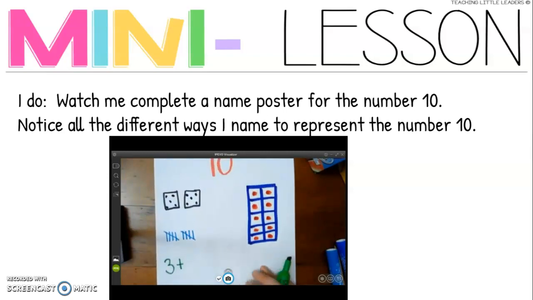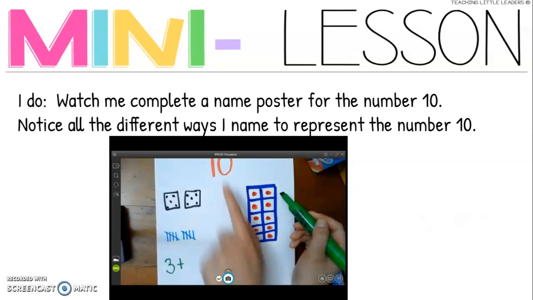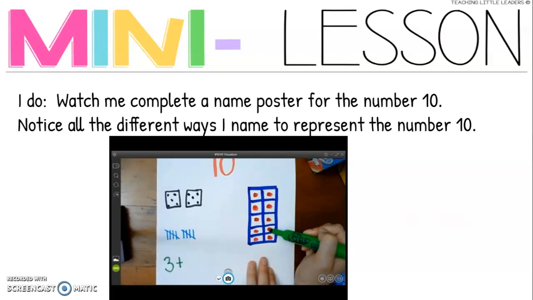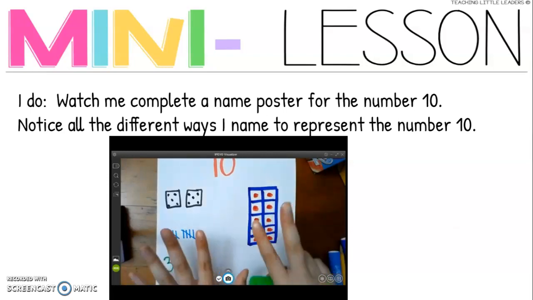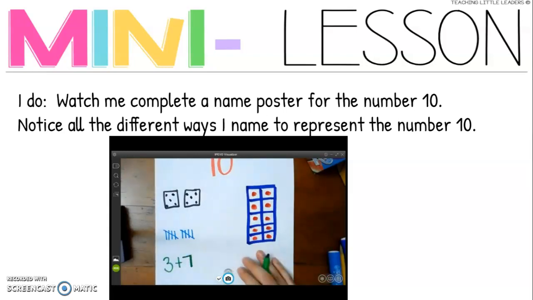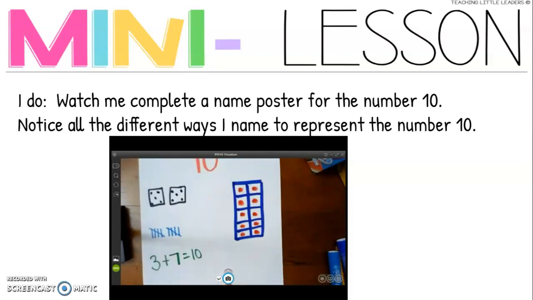I'm going to go ahead and use my 10 frame up here to show that. If I have 3, 1, 2, 3, I need to find out how many more I need to make our number 10. 3, 4, 5, 6, 7, 8, 9, 10. Ooh, boys and girls, I need 7 more. 3 plus 7 equals 10. Good job. Okay, let's think of 2 more ways to make 10.